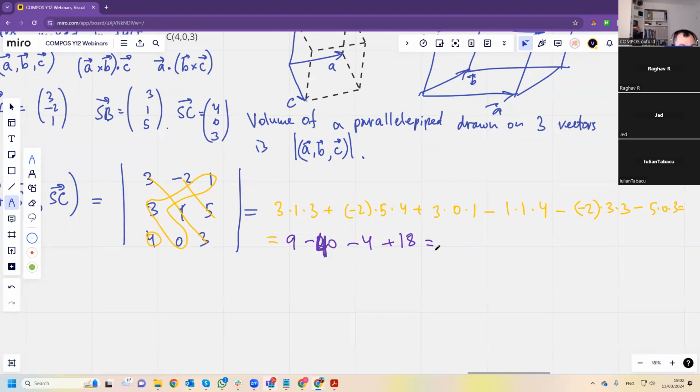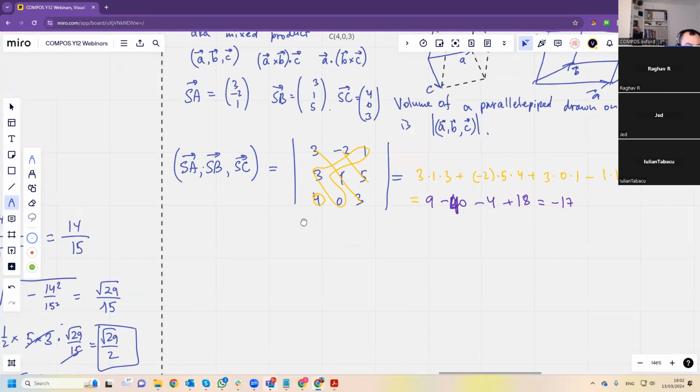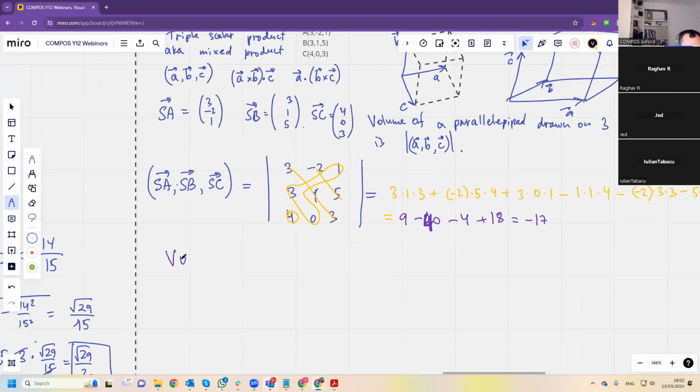And I believe that's minus 17. 9 plus 18, that's 27. 27 minus 4, that's 23. 40 minus 23, that's minus 17. So the volume of the parallelepiped is 17, because obviously we take the modulus of that.